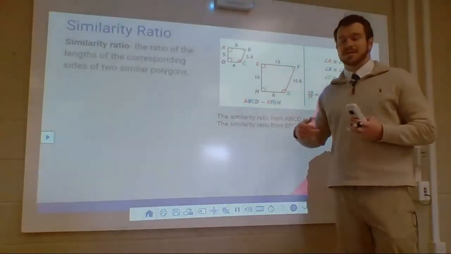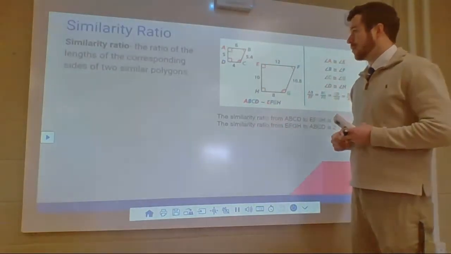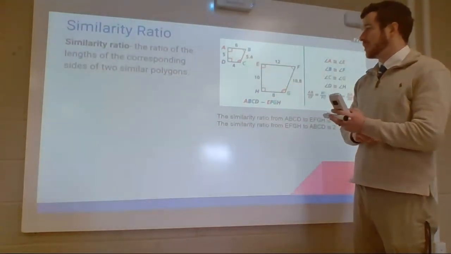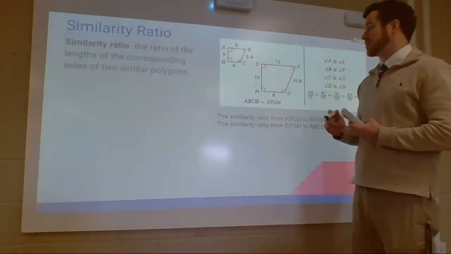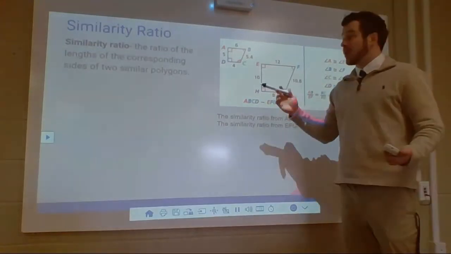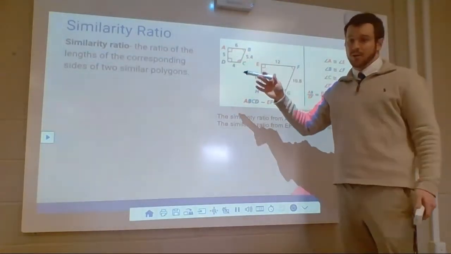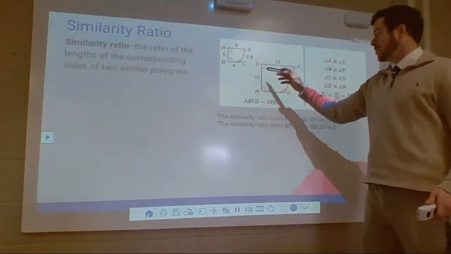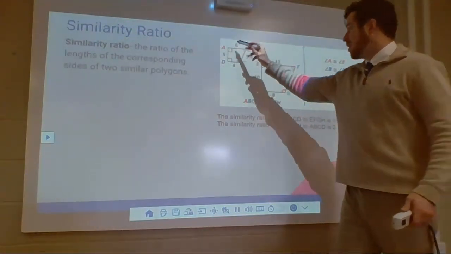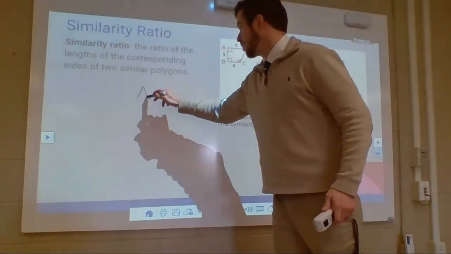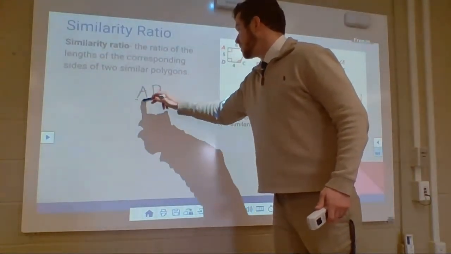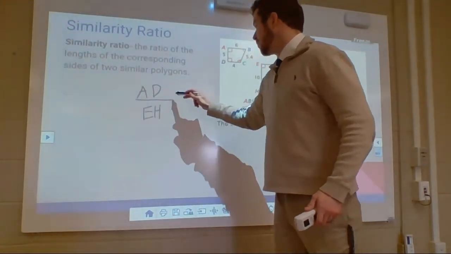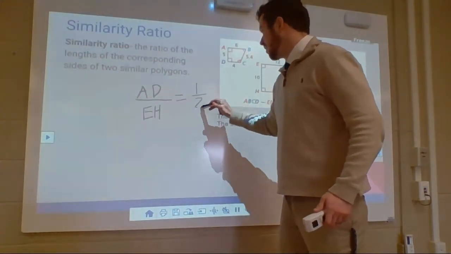Now let's discuss this thing called the similarity ratio. Similarity ratio, and get this in your notes, is the ratio of the lengths of the corresponding sides of two similar polygons. We actually just found the similarity ratio by comparing the smaller quadrilateral to the larger quadrilateral. We were comparing AD and EH, and we said that simplified to 1/2, didn't we?